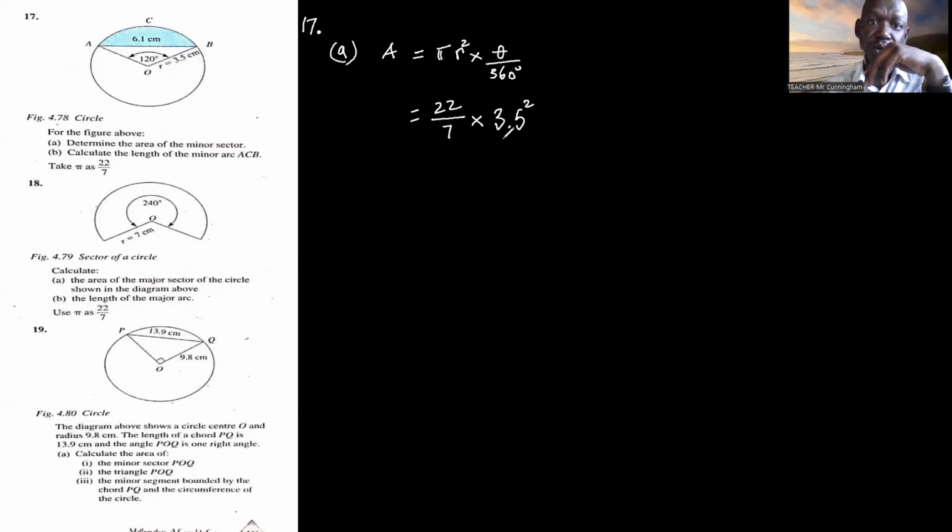So it's radius squared multiplied by the angle, which is 120, over 360.